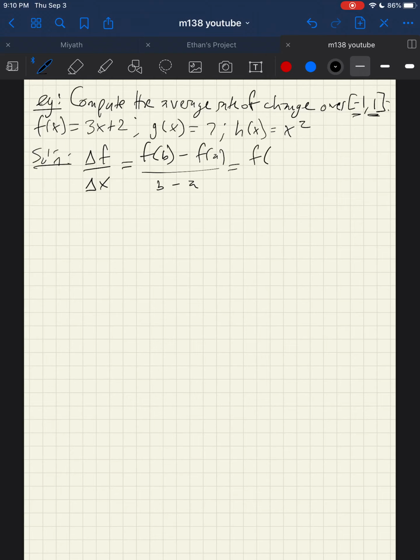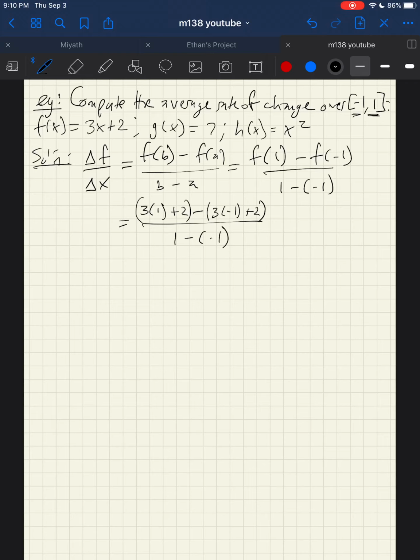So this is f at 1 minus f at -1 over 1 minus -1. Not too bad. So we plug 1 in, we get 3 times 1 plus 2 minus 3 times -1 plus 2 divided by 1 minus -1.